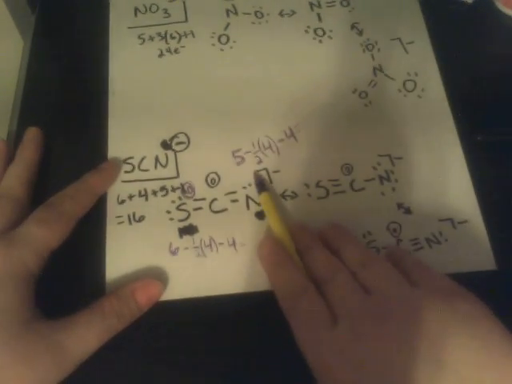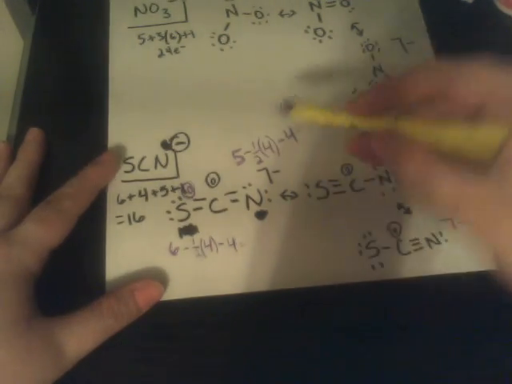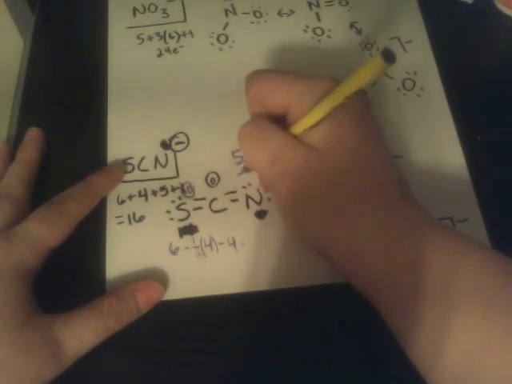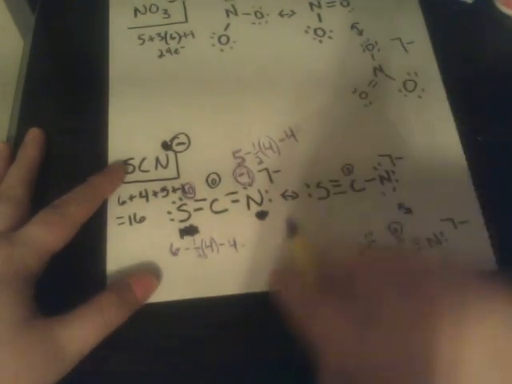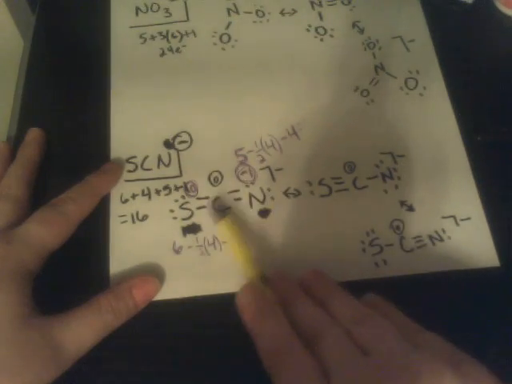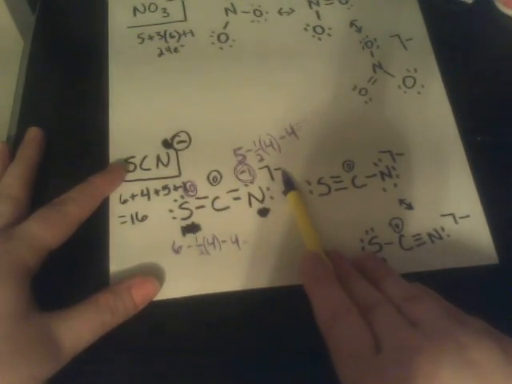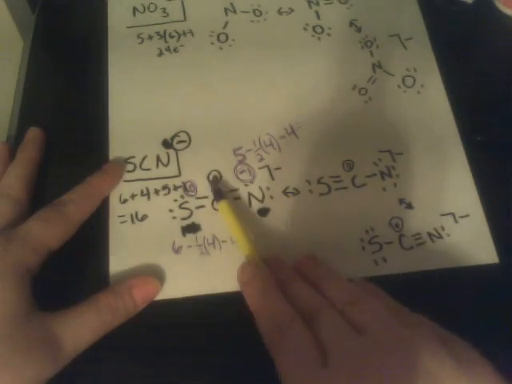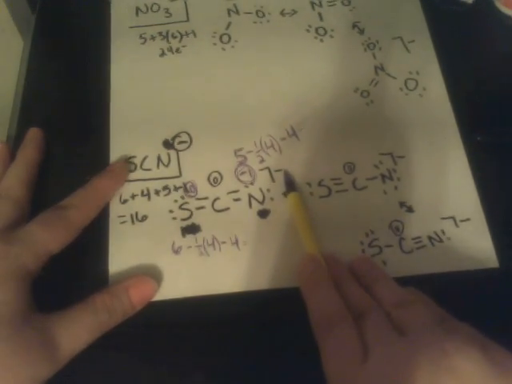So for nitrogen here, it's going to be 5 minus 2 minus 4, so minus 1 for nitrogen. If we go back and remember from my formal charge little lecture, you'll see that the formal charges of the atoms have to total up to the net charge. And in this case, 0 plus 0 plus negative 1. Good, totals out to negative 1.